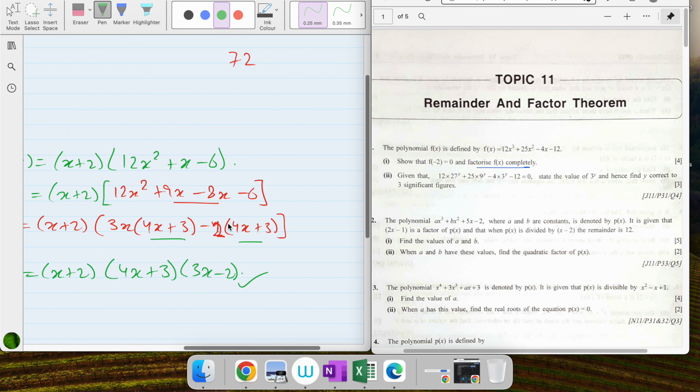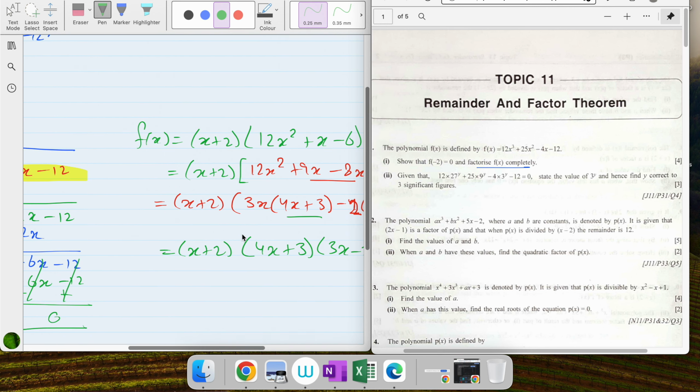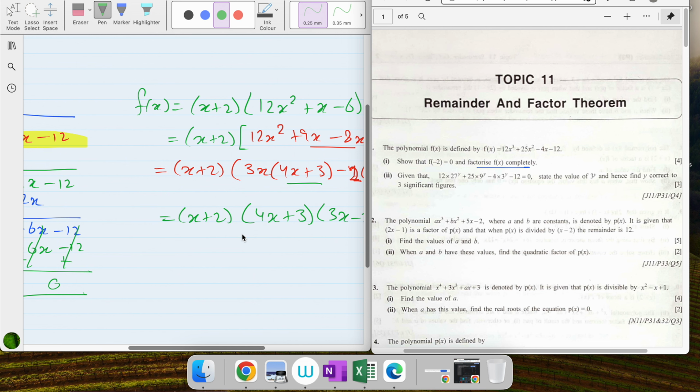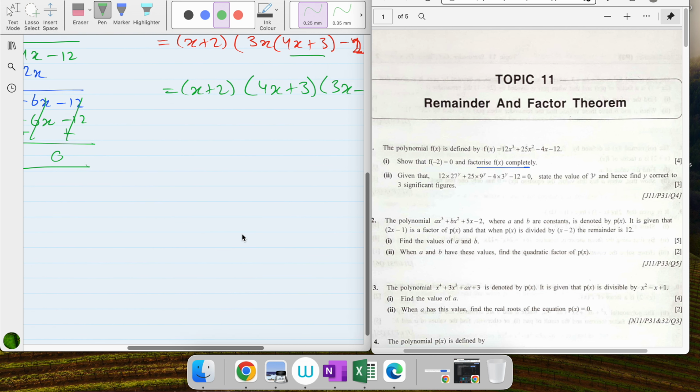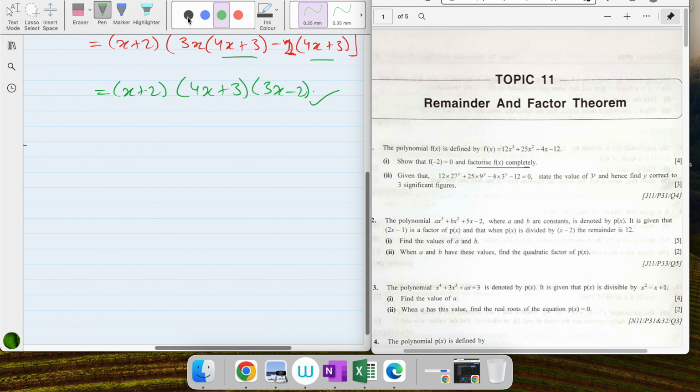B part says given that 12 times 27 power y plus 27 into 9 power y minus 4 into 3 power y minus 12 is equal to 0.